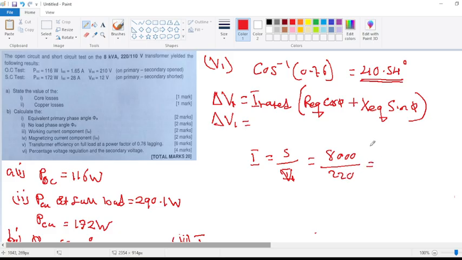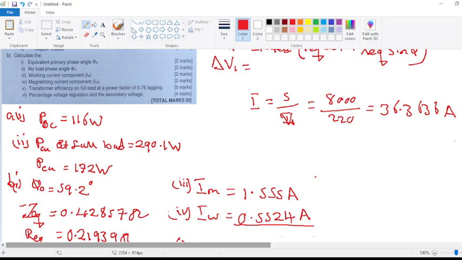This is the main reason why I've been writing answers, so that when it comes to substituting, you just pick them and substitute without going back again. So 36.3636 amps. This was the rated current of the transformer.